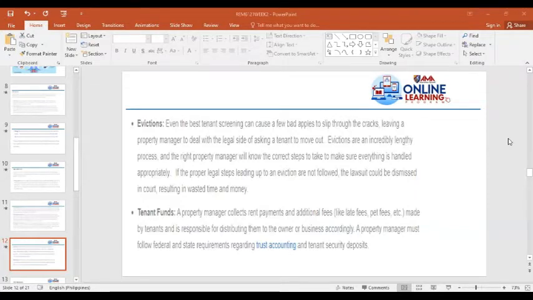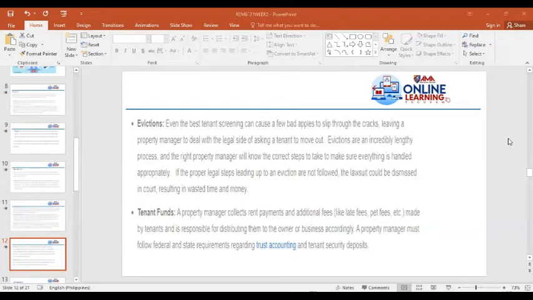So evictions are an incredibly lengthy process, and the right property manager will know the correct steps to take to make sure everything is handled appropriately. If the proper legal steps leading up to the eviction are not followed, the lawsuit could be dismissed in court, resulting in wasted time and money.